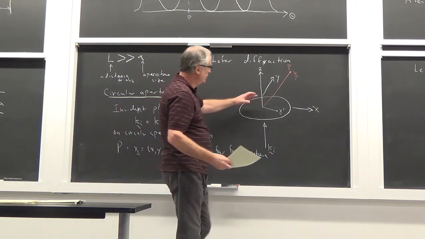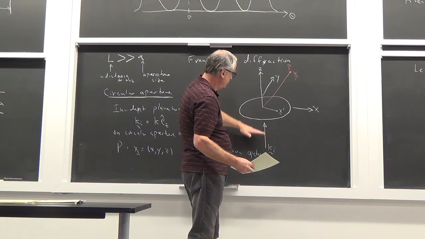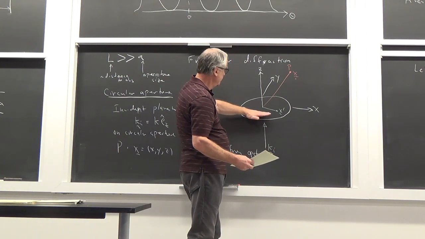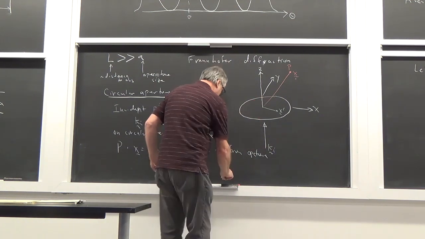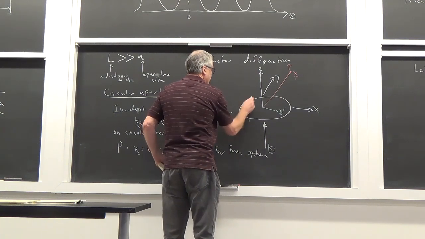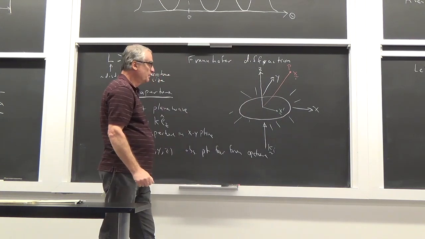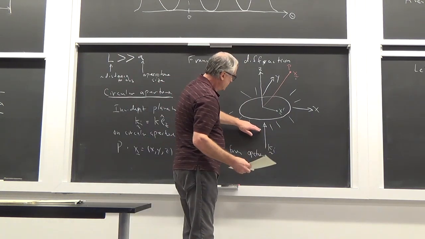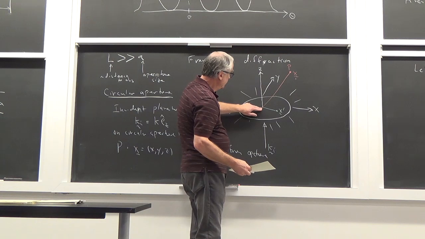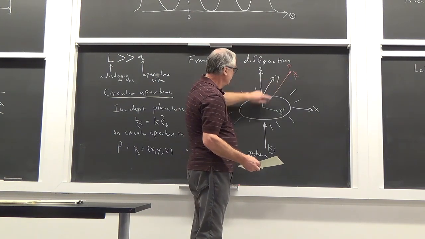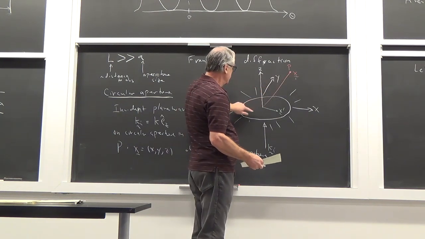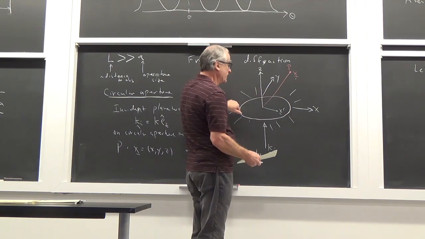See, the issue is that we're going to have to take our coherent wave that's coming in, hitting the aperture, everything out here is blocked. So it's just a hole. So it's going to come in and we're going to get light over here at point X, but that light that we get over at point X is going to be a superposition of the light from every point on the aperture.